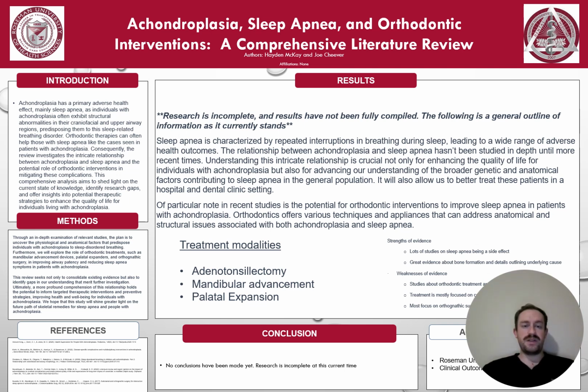These treatment modalities include palatal expansion, which we use a lot, opening up the room for more air; mandibular advancement, moving the lower jaw forward in order to create space for the tongue, which can fall backwards while you're sleeping, and creating a higher volume of airway; as well as adenotonsillectomy, taking out the adenoids and tonsils, which I feel like people have gone away from recently, but in these patients may be of value just due to the small size and stature.